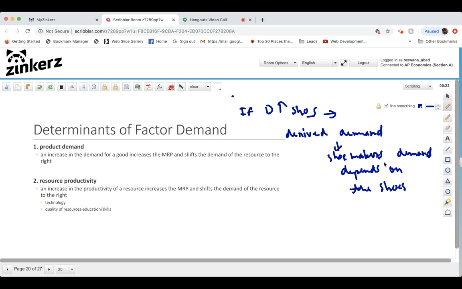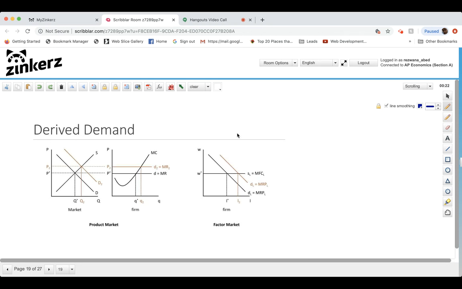The demand for shoemakers depends on the demand for shoes. So that is what we mean by derived demand, or the product demand. So how does that really work? How is it that the derived demand, the demand in the product market, translates to the factor market?